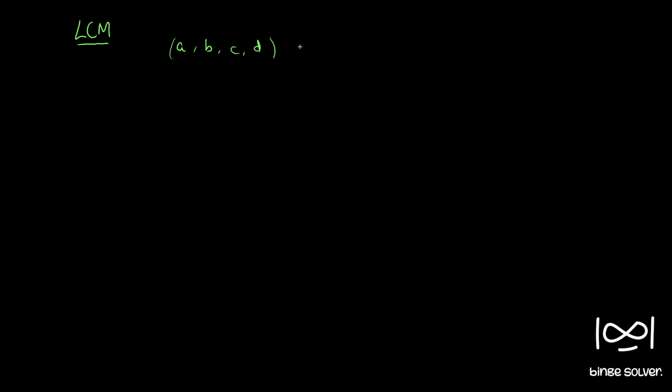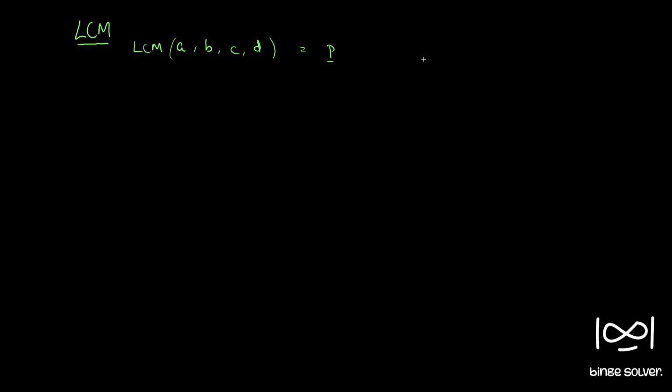So if we are given A, B, C, D, some random numbers, then when we say that the LCM of these numbers is, say, P, what we mean is P is the smallest number that we can come up with such that we can divide P by each number.